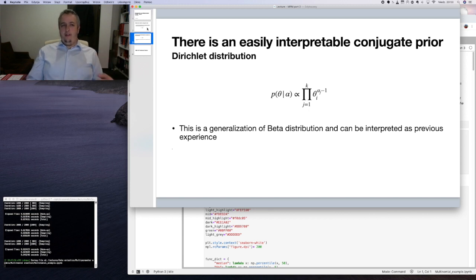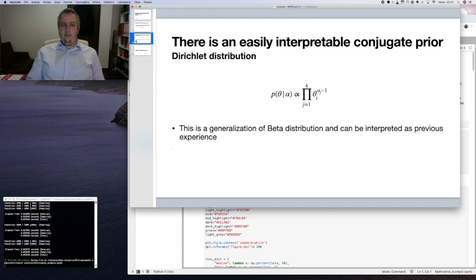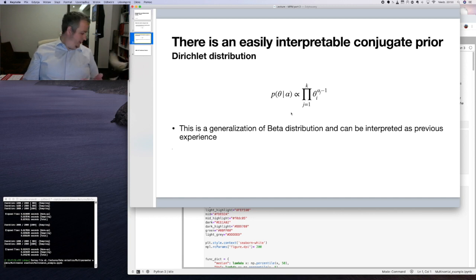So we have a relatively simple distribution depending on number of counts of categories for which we have probabilities, and we have our probability distribution defined by our categories, and we have our parameters, and we need to assign a prior for them.